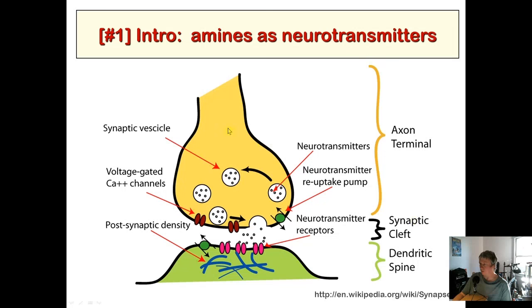This is a very brief neurobiology description of how, in a neuron, there's a little cleft between a synapse and a dendrite, and little vesicles contain the neurotransmitters, which then postsynaptically release their neurotransmitter.